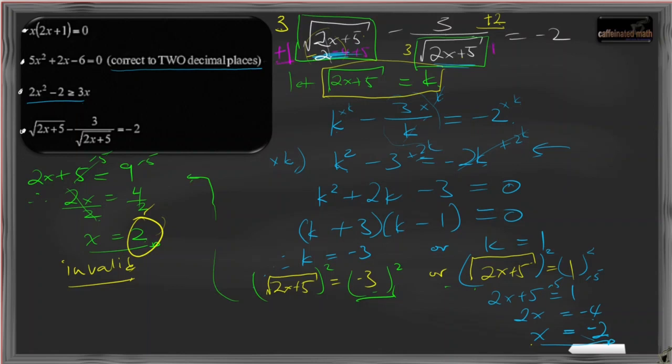The same would count over here, so then it would become 1 minus 3, which is equal to -2, and -2 is equal to -2, which means this value passes the test, and that's the valid value we have for x over there.